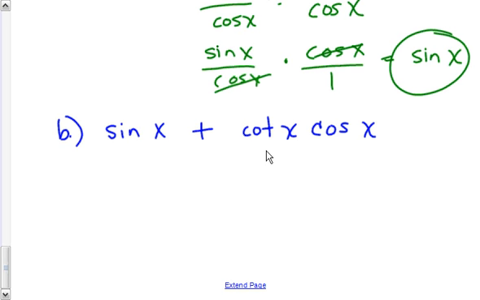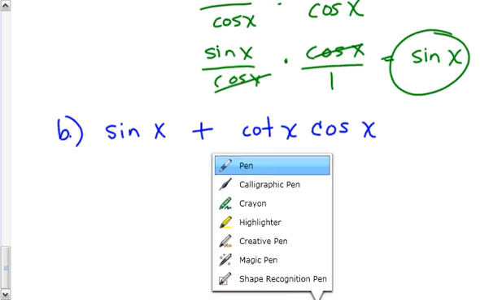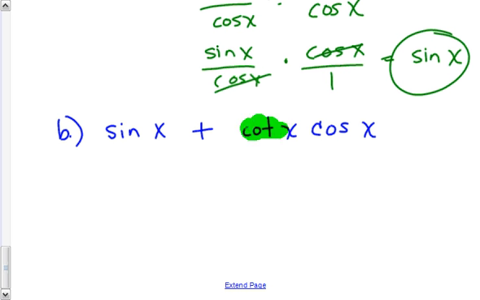So which one needs to be changed? The cotangent. Here, it's not in terms of sine and cosine, so we're going to replace it. So we have sine of x plus, how can I write cotangent in terms of sine and cosine? Cosine over sine. I'm going to put a times symbol here just so that they're broken up a little bit.